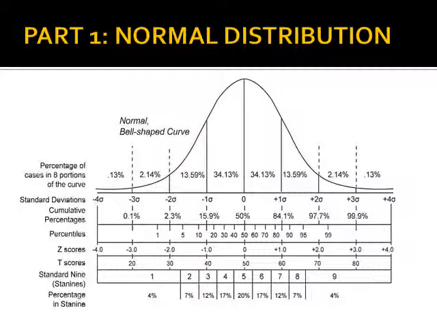If you add those 4 chunks together, you get about 95%. That means 95% of people are going to score between -2 standard deviations from the mean to +2 standard deviations from the mean. In other words, only 5% of people are going to score below -2 standard deviations or above +2 standard deviations from the mean.